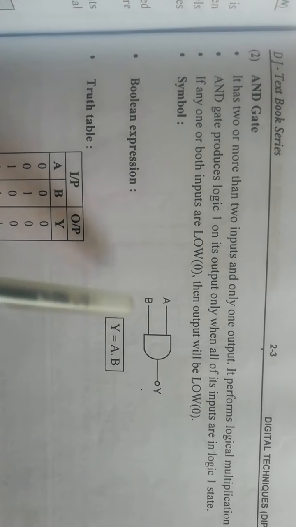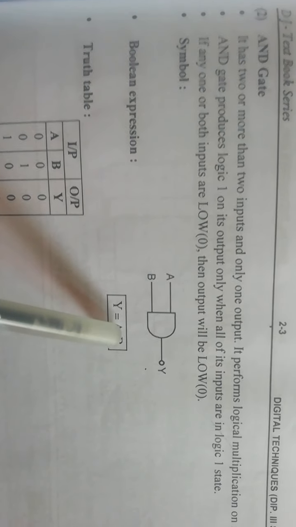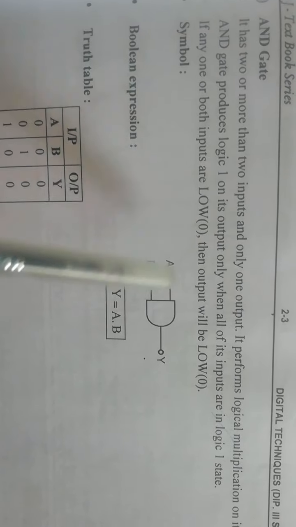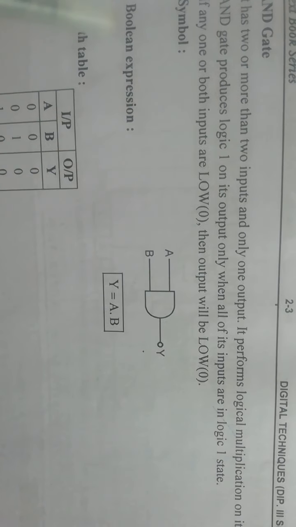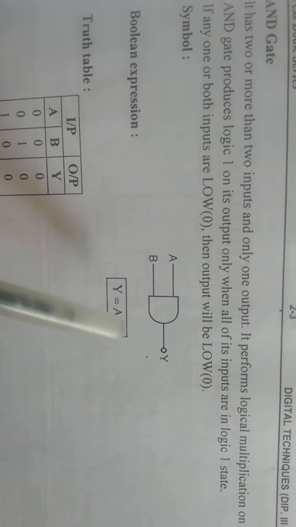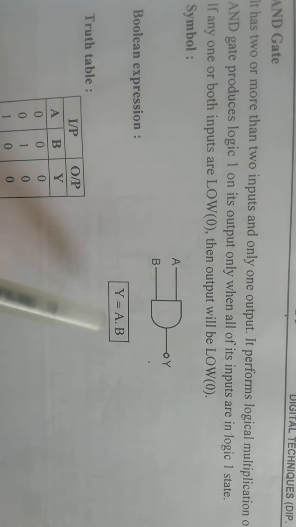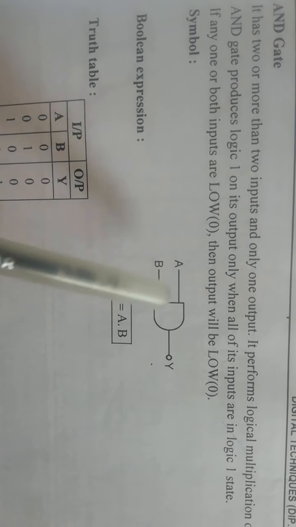This is the symbol of the AND gate. Here there are 2 inputs. The AND gate has 2 inputs and 1 output, and the Boolean expression is y is equal to A and B. ANDing means we multiply these 2 inputs, and after multiplying we get the output.